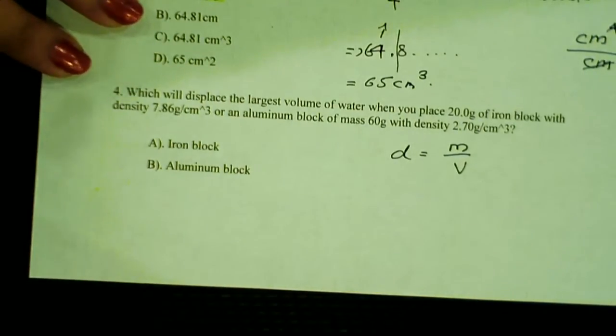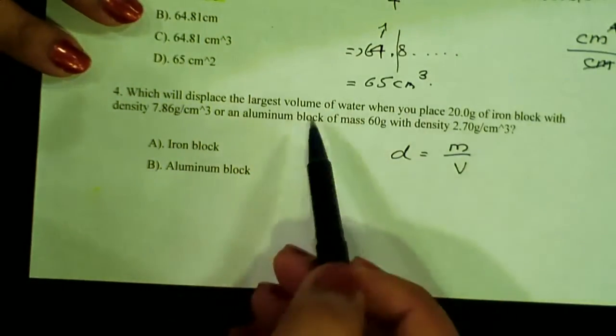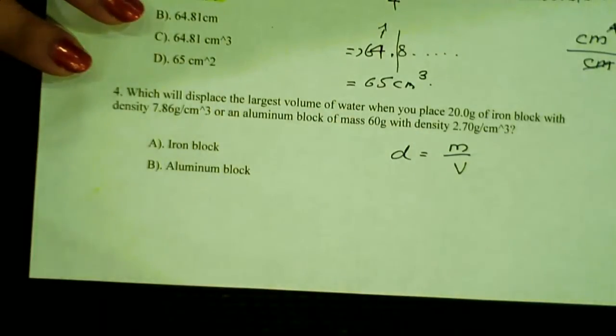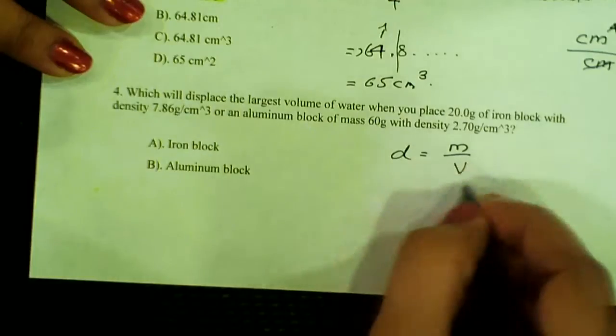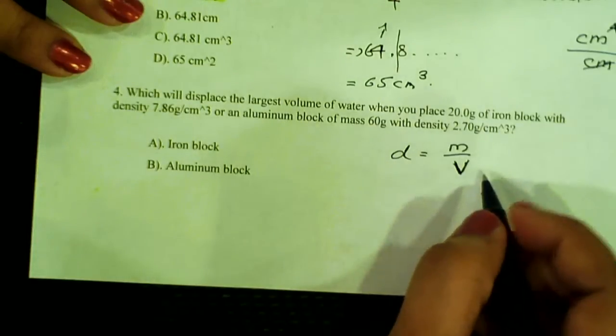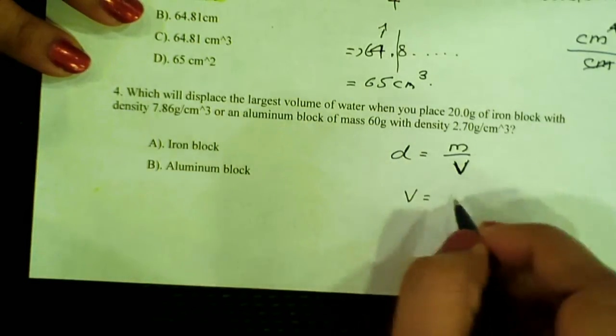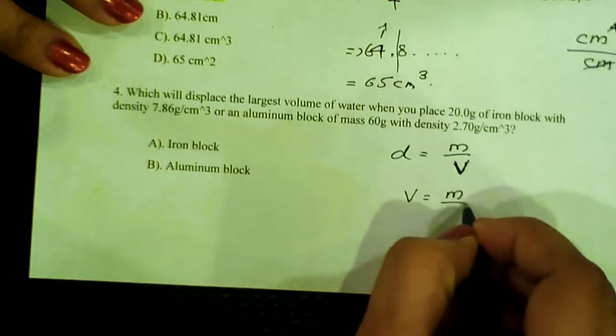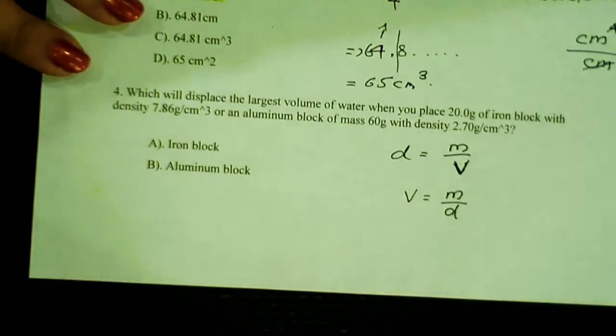We have to figure out which of these metals will displace the largest amount of water. When you do the cross multiplication, you end up with volume equals mass over density.